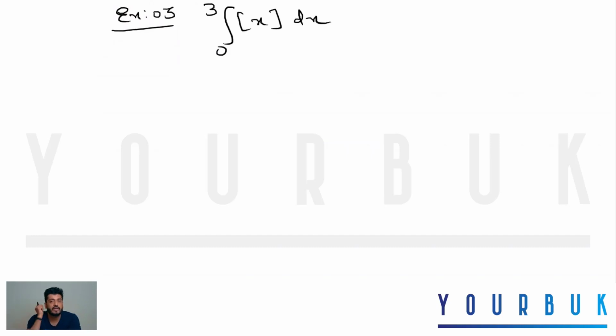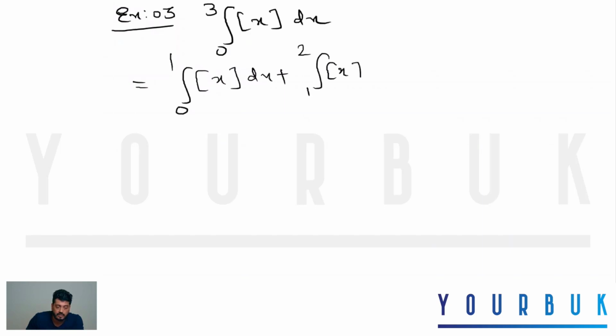Now this square bracket x stands for the greatest integer function. Now in this question, we can just split this integral like this, that it will be 0 to 1 greatest integer x dx, plus 1 to 2 greatest integer x dx, and then plus 2 to 3.